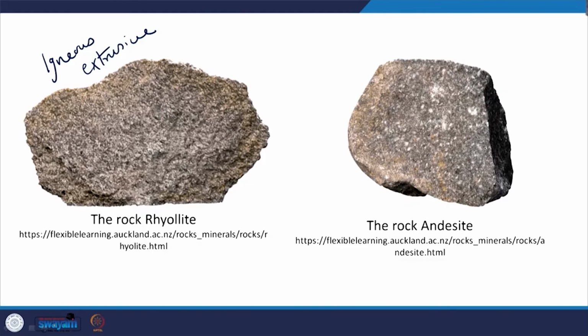The next rock, again of igneous type, is andesite. It is an intermediate rock in composition between rhyolite and basalt. The lava for this rock is of moderate viscosity and forms thick lava flows and domes.